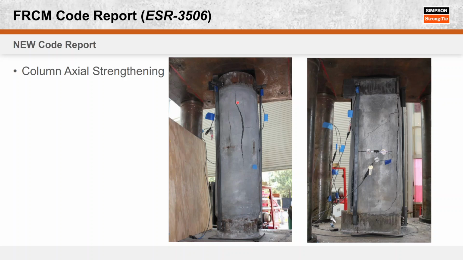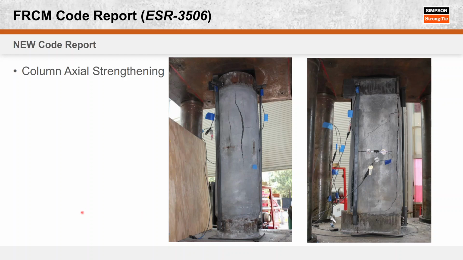You'll see this round column has a crack here that was caused by the concrete expanding, and we had grid around in a hoop trying to confine that column together. You see similar cracks here on the rectangular version.